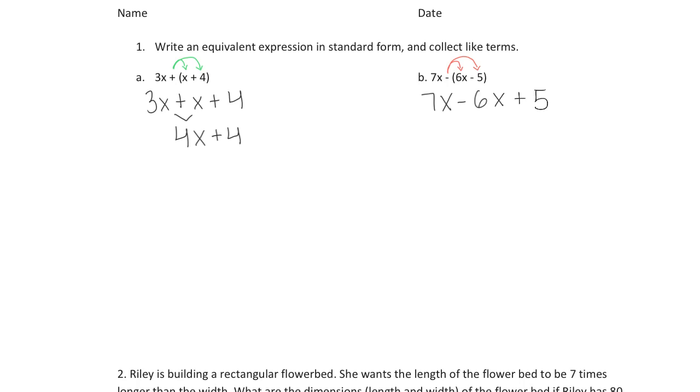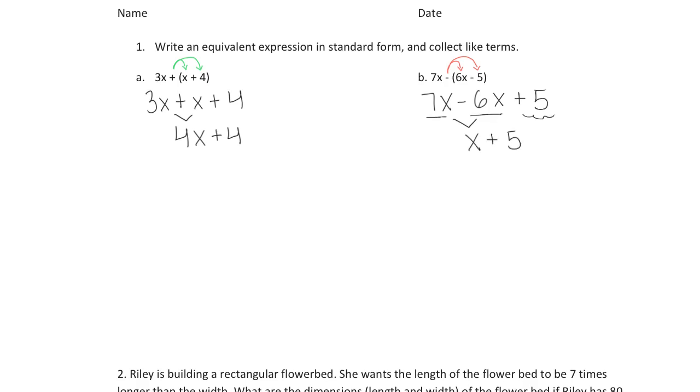So now that I have this written out, I need to combine like terms. I know that 7x and 6x are the same term, and 5 is a completely different term. So now I'm going to combine 7x minus 6x to give me 1x plus 5.